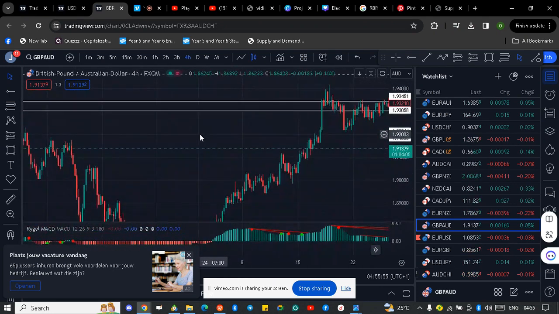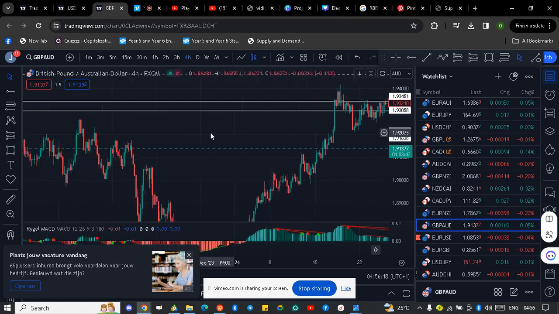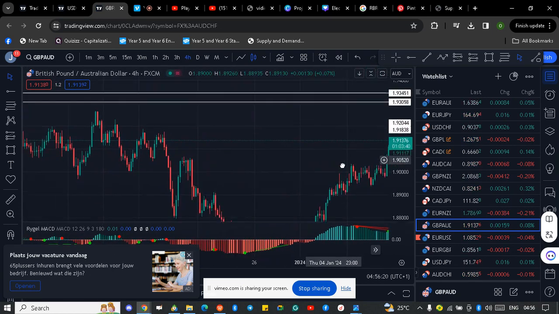Now the question I like to answer is, where do you need to look for it? Please, you need to look for supply and demand zones on your higher time frame. That means on your monthly, on your weekly, and on your daily. If you are to go a step further, the farthest you can go is 4 hours, nothing more than that.